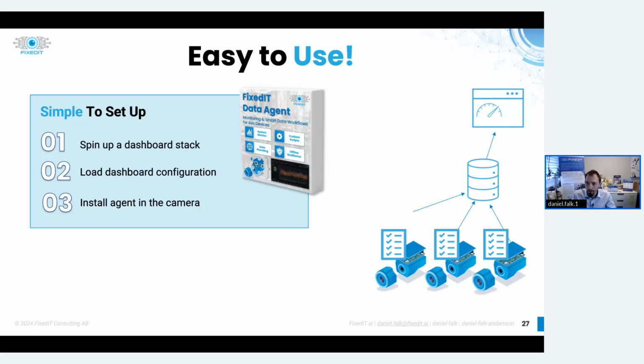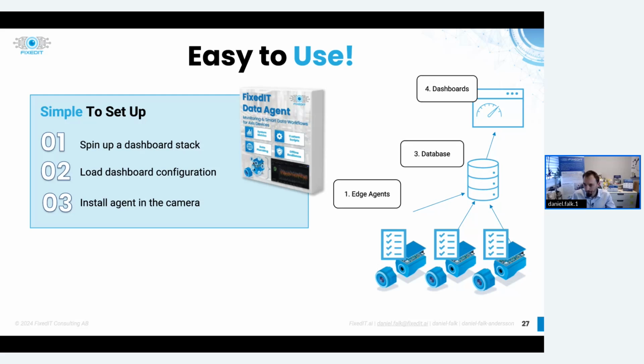If we take a look at the diagram to the right, we have the edge agents, the fixed data agent running in each camera that you have connected to your system. We have the database and we have the dashboard. And optionally, you also have these configuration files that you load into the data agent to extend the functionality, extend the work that it does.